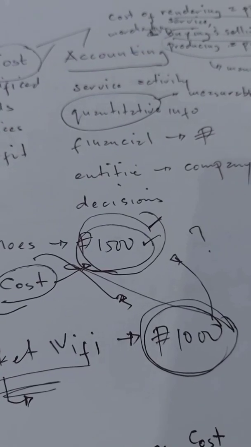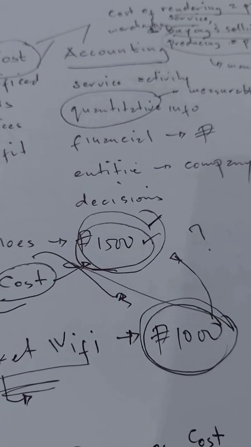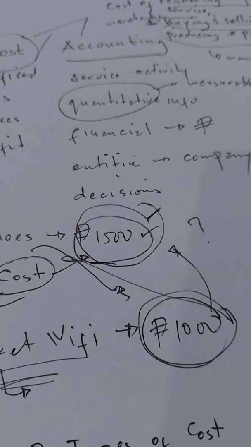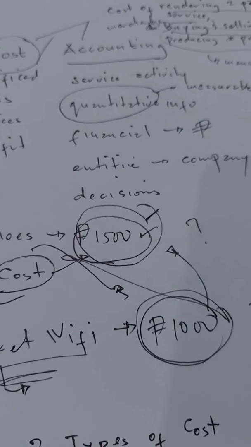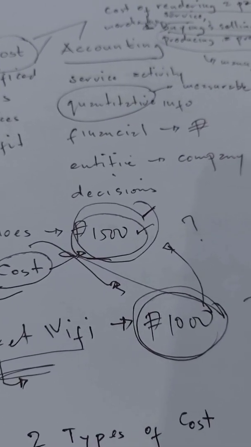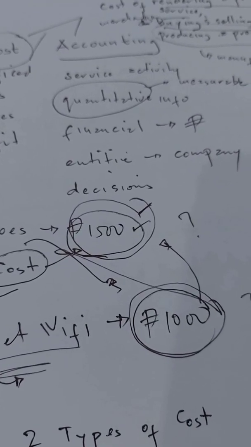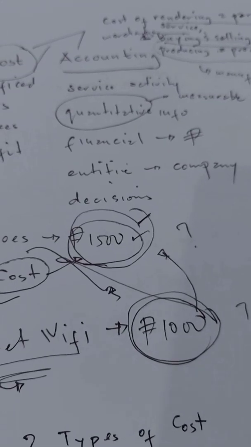So, kaya yung susunod dyan ay yung discussion natin ng merchandising and manufacturing. Although na-discuss na din naman yan sa inyo nung basic accounting ninyo and partnership and corporation. So, i-recall lang natin. So, i-compare natin yung merchandising and manufacturing. Okay. Next is yung comparison naman between financial accounting and management accounting.